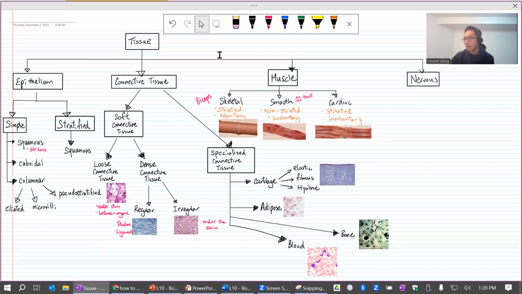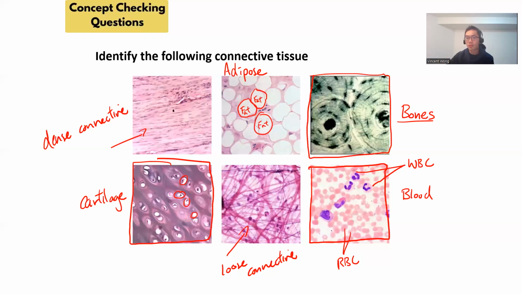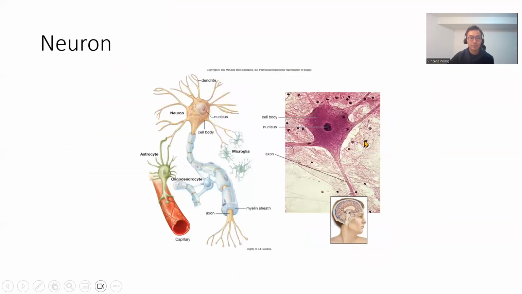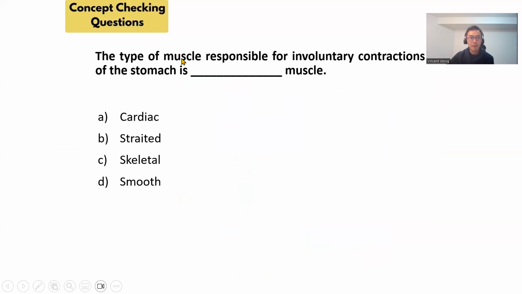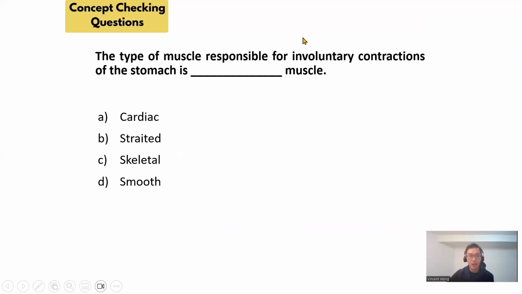Do you guys have anything you want to ask about this table? Okay, well, we just have one poll question here. The type of muscle responsible for involuntary contraction of the stomach is, based on the table we just did, look at it.